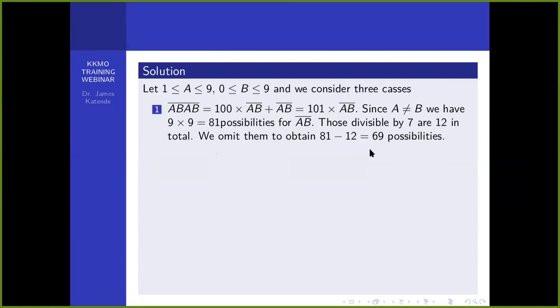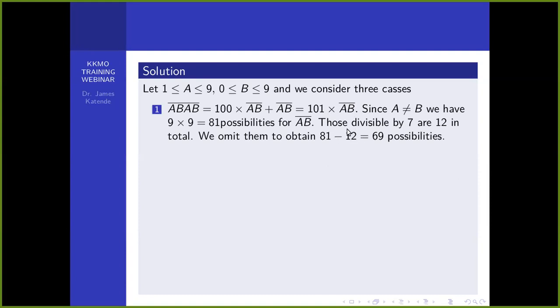Is there any other one that you can start with? 14 and keep going in steps of 7: 21, 28, 35, 42, 49, 56, 63, 70. So 77 will not work because you don't want A and B to be equal.